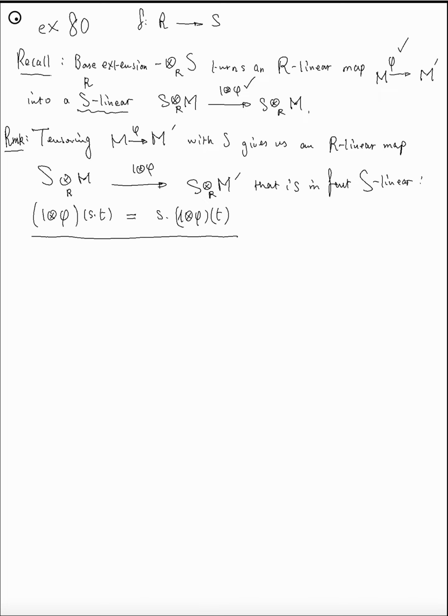So why is it S linear? Because we check it. We claim that this is S linear. We have to check this, and why not put this as the first part of the exercise?